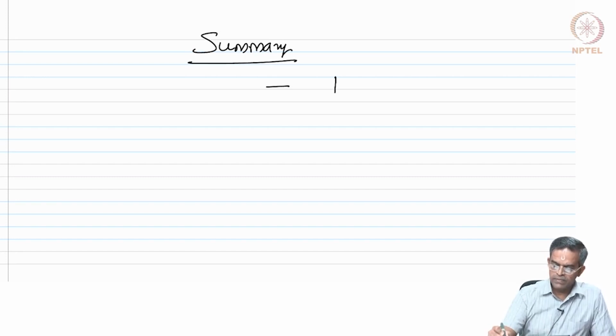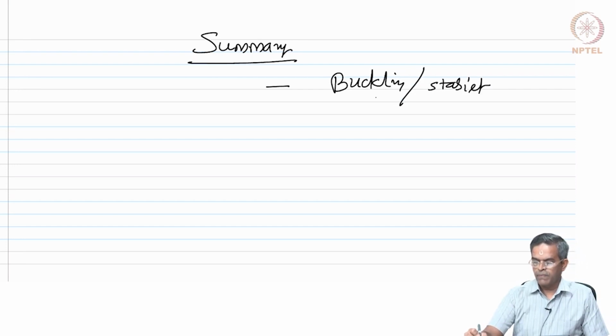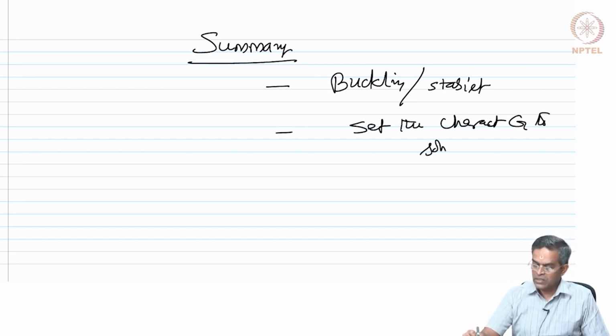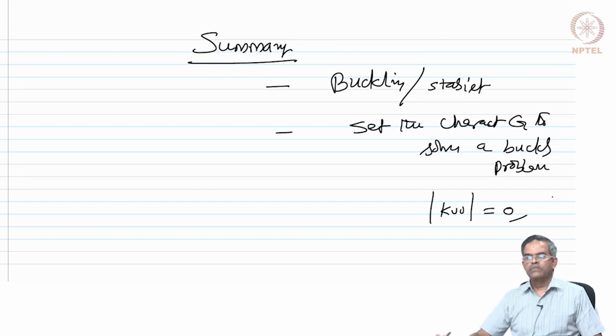So friends, in this lecture, we learnt the difference between buckling and stability analysis. We also learnt how to set the characteristic equation to solve a buckling problem for a frame subject to axial loads.